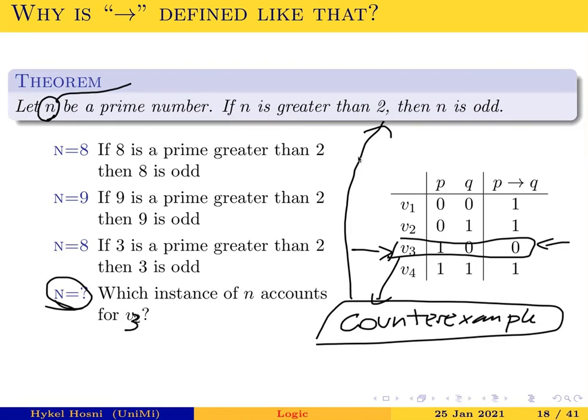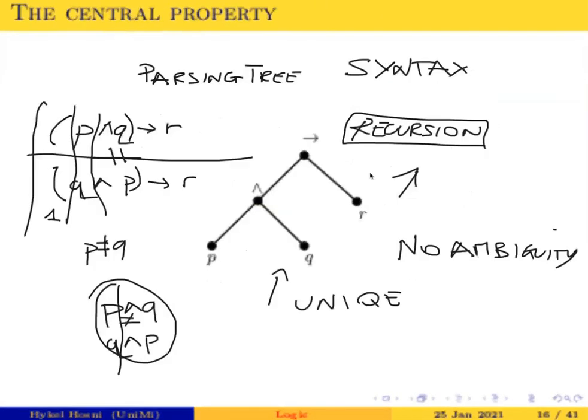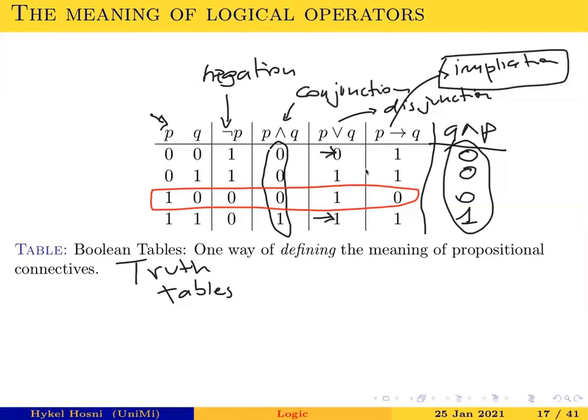Okay, so the point is, when you look at this, well, let me just go back to the table. When you look at the table, it's just one way, it's not the unique way of doing this. If this introduction was given to you by Paolo, Paolo would very probably show you another way of defining connectives, because he comes from a slightly different logic tradition compared to mine.